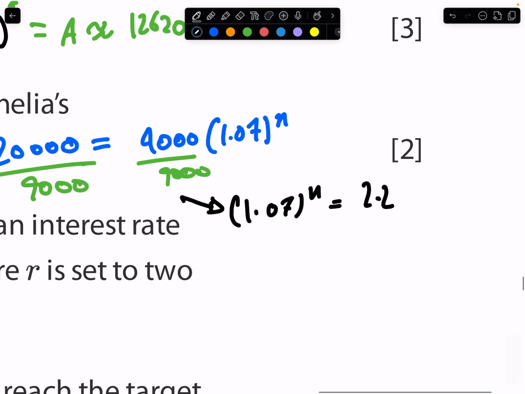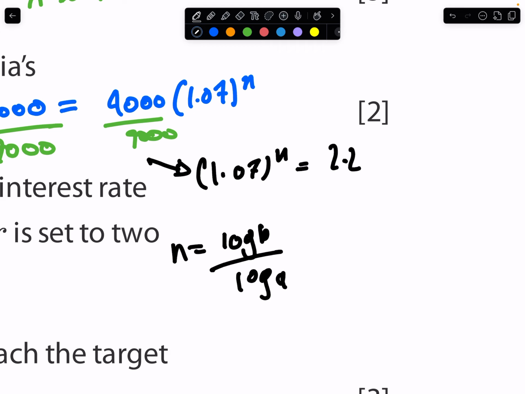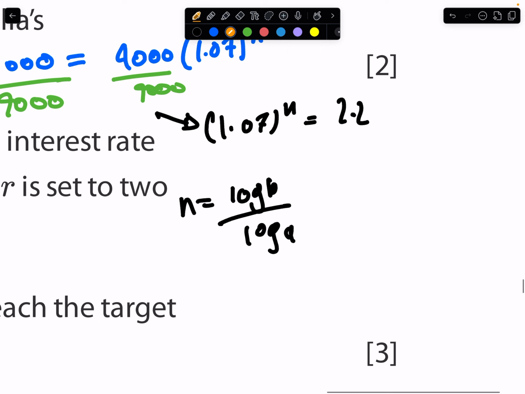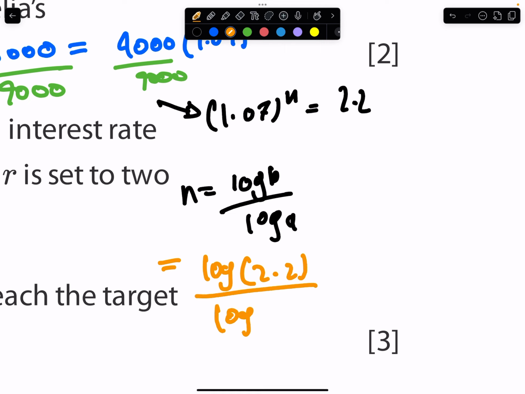And now to solve for n, n is equal to log 2.2 divided by log 1.07, which will give us 12.